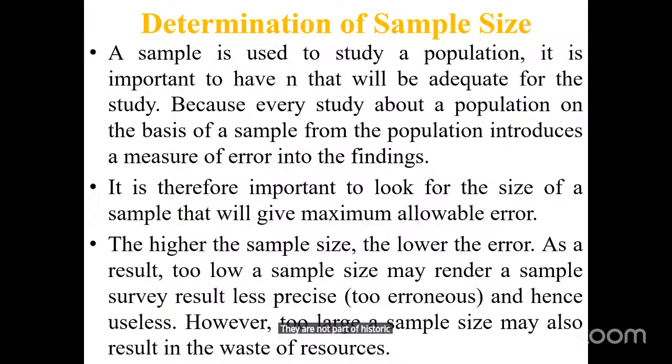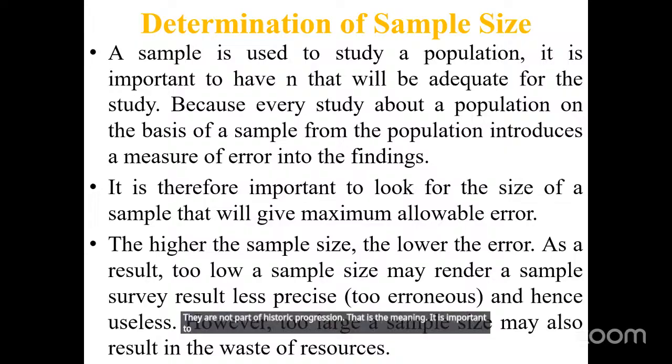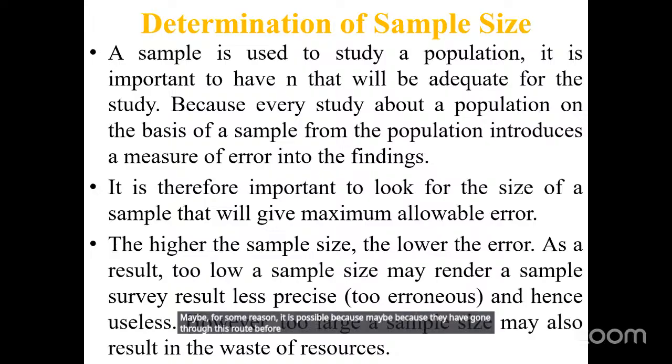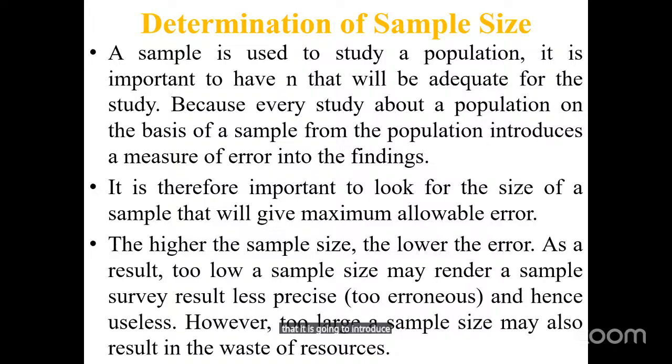That is the meaning. It is important to understand the population that we are studying. Even though we are studying school children, for instance, one may come up with the fact that I don't want to use repeaters, maybe for some reasons. It is possible, because they have gone through this route before and coming again is going to introduce bias to the study I want to conduct. As a result, I don't want to include them.